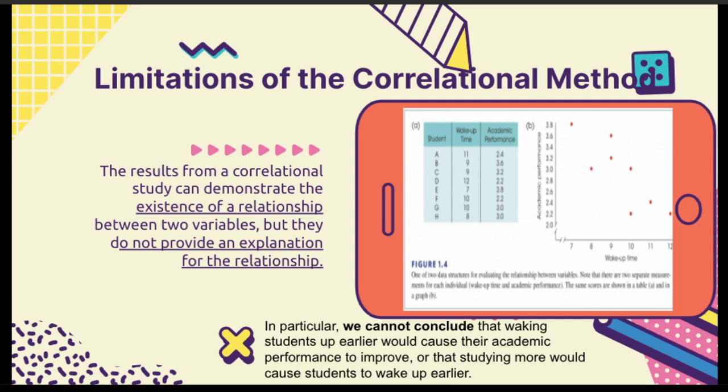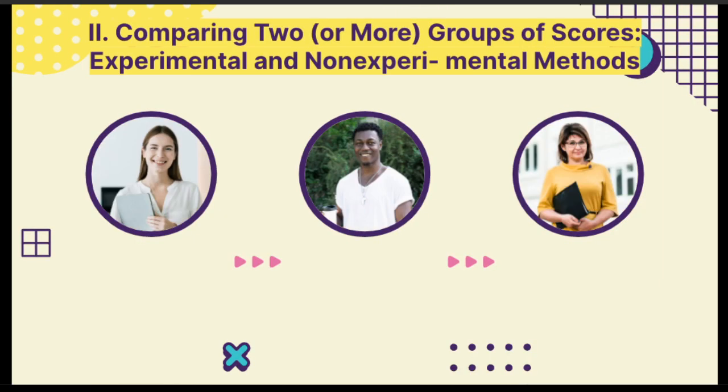We cannot conclude here that waking up earlier will increase students' academic performance, or that studying more will cause students to wake up early. We cannot conclude that, because we have to demonstrate a cause and effect relationship between two variables. In order to do that, a researcher must use an experimental method.